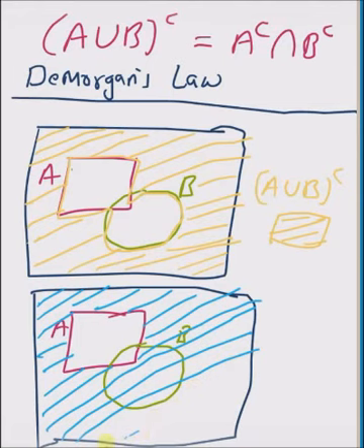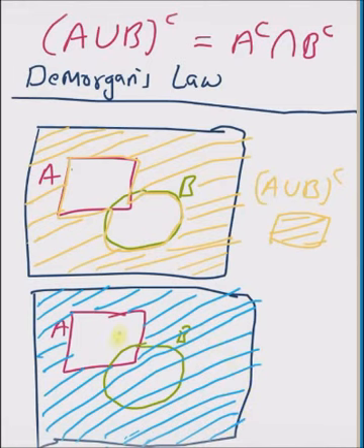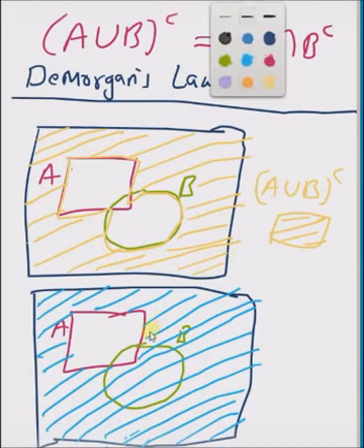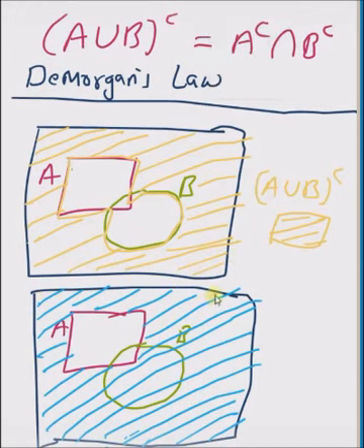Notice that the set A complement also includes a part of the set B. We shade the area of B complement, that is, shading in a different direction.